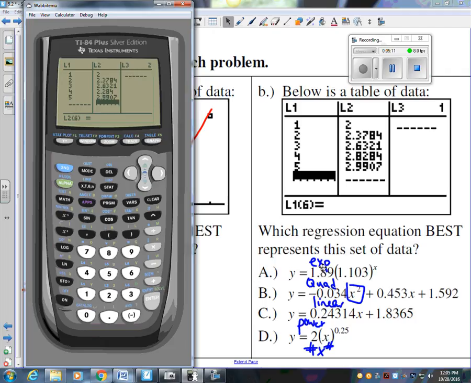Okay, we're going to go to each of these, the exponential, the quadratic, the linear, and the power, and write down the R value to find which one best represents the set of data. So stat over to calc, exponential is number 0, enter, enter, enter, and the R value is 0.798.